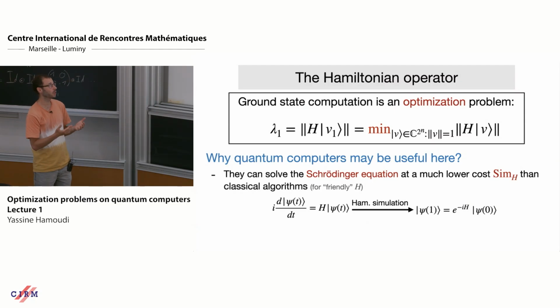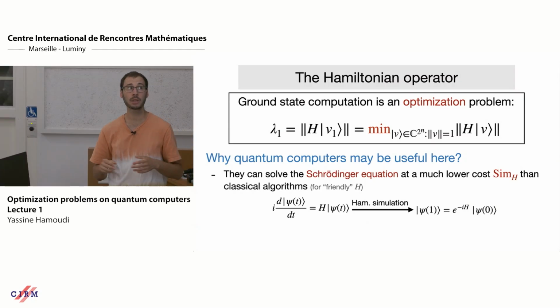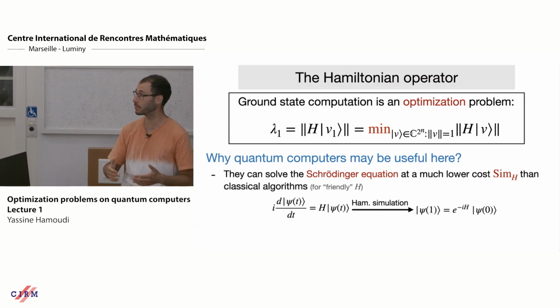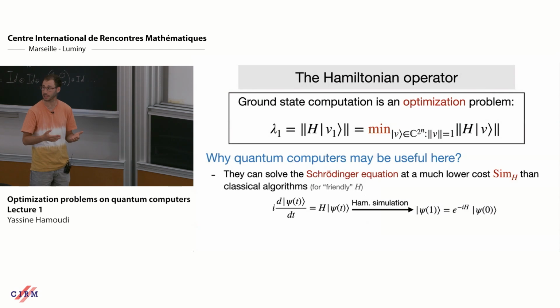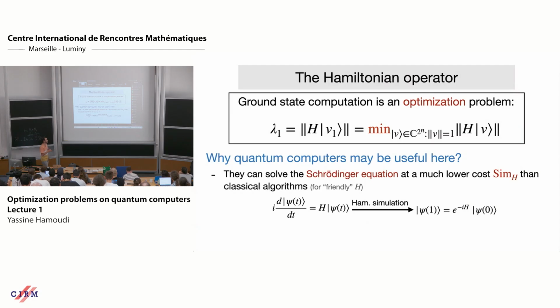If you have a Hamiltonian H, and you want to know how the state of your system is evolving in time according to H, then the evolution is dictated by the Schrödinger equation, which is very hard to solve on a classical computer. But if you have a quantum computer, and if H is not too bad, then you can actually solve the Schrödinger equation and compute a state psi1 which corresponds to evolving the system for 1 unit of time.